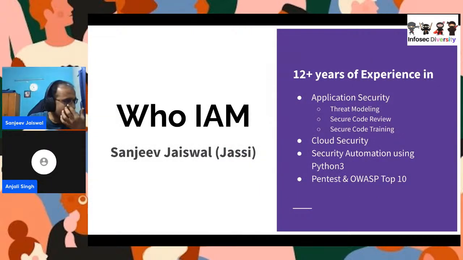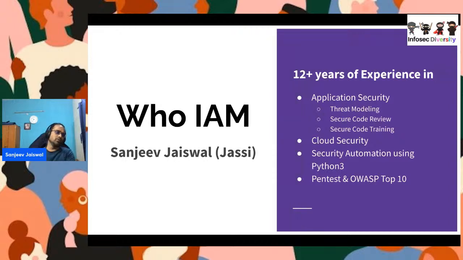First of all, let me introduce a little bit about me. Anjali has already introduced me, but this is again a formal introduction. My name is Sanjeev Jaiswal. Usually people call me Jesse. I have 12 years of experience in application security, where I mostly deal with threat modeling, secure code review, and secure code training for organizations. For the last 4.5 years I have been in the cloud security team.